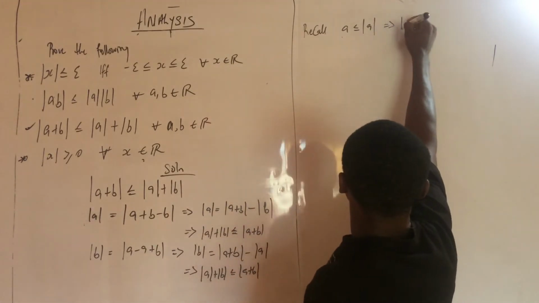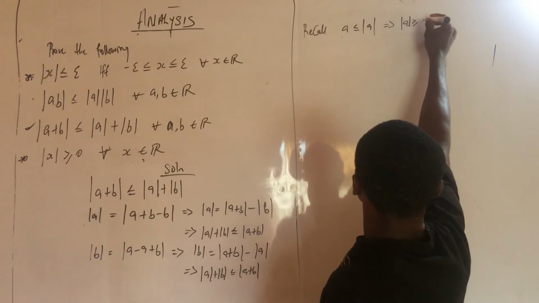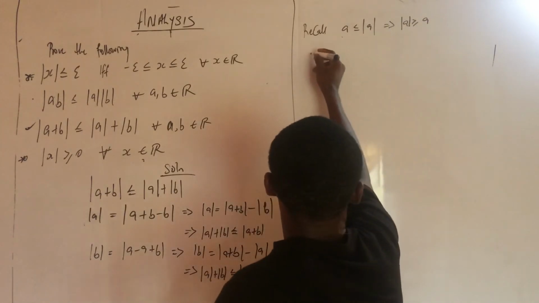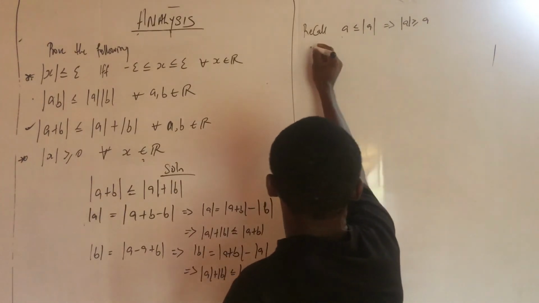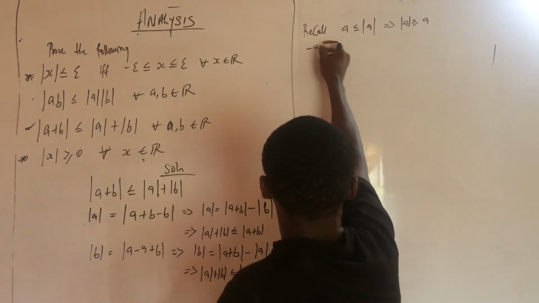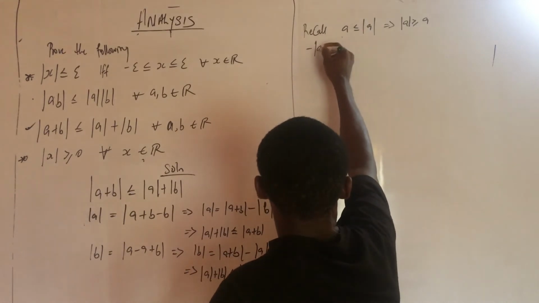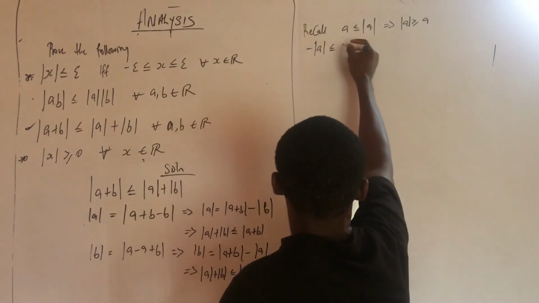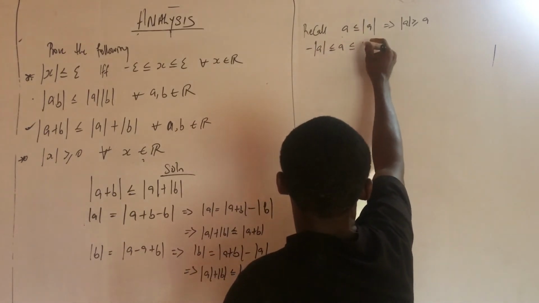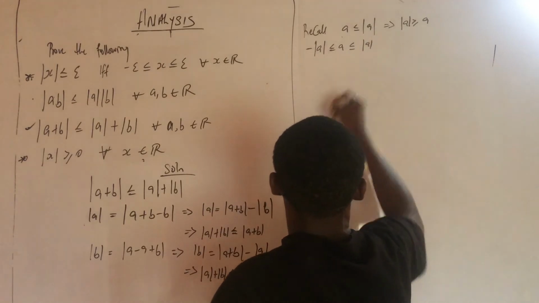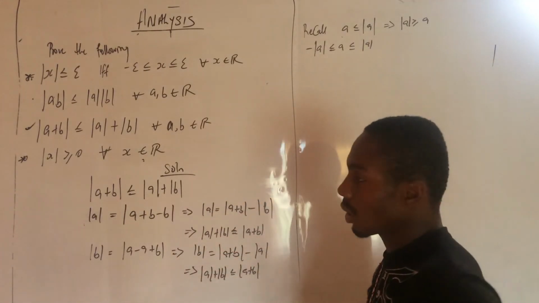Which implies that the absolute value of a is greater than or equal to a. And this makes minus a, this makes minus the absolute value of a less than or equal to a, less than or equal to the absolute value of a. Do you see that?